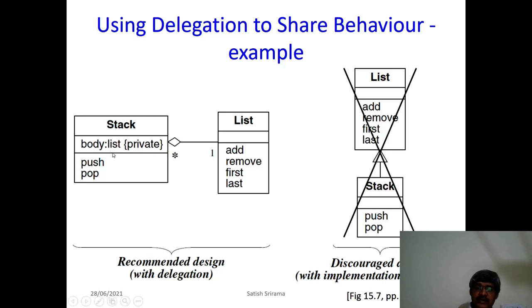Once you have the push operation implemented, go to that particular list, go to the end and add. Similarly, for pop, go to the last and remove. Now you cannot directly change anything from outside in this stack's list. So instead of inheritance, we will be using delegation.